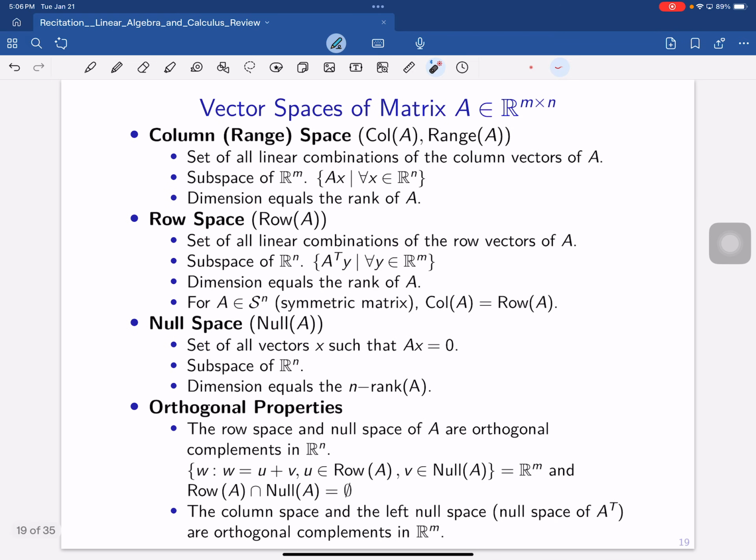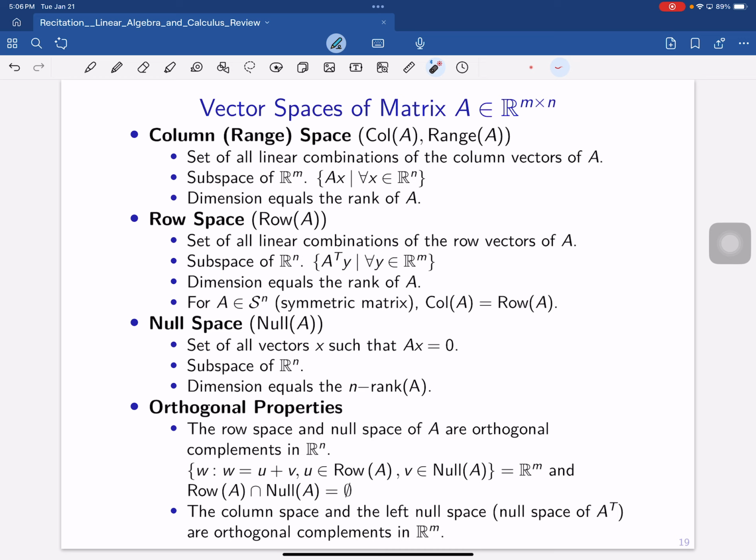Okay, and then it has already been brought up. What is a vector space of matrix M times N? The column space, or the range space, sometimes people call it, is the span of the columns of A, right?